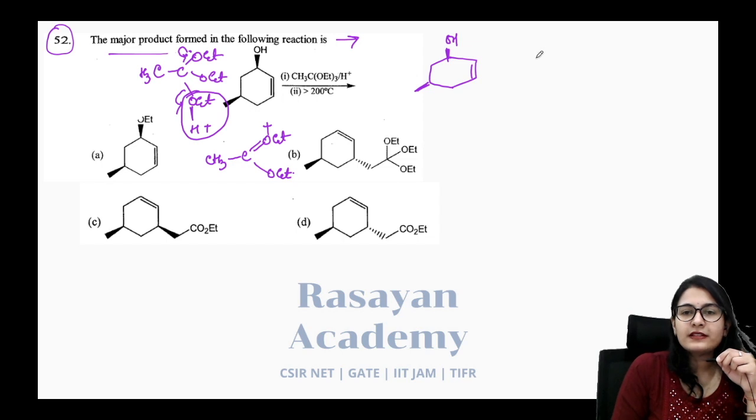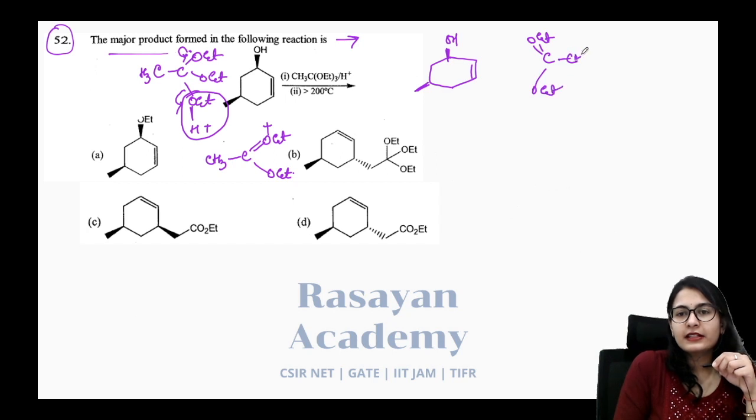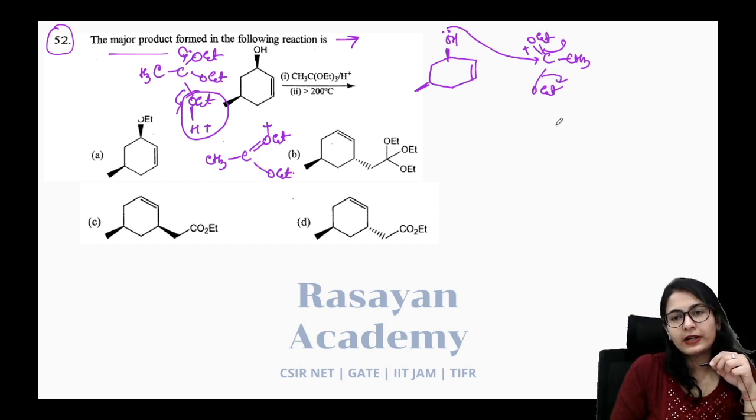So the orthoester now is going to be attacked. Let's say it is like this. Now the orthoester is going to be attacked by the alcohol in this way. The bond falls back and one of the OEt will also be removed. I have done the same step in just one step.